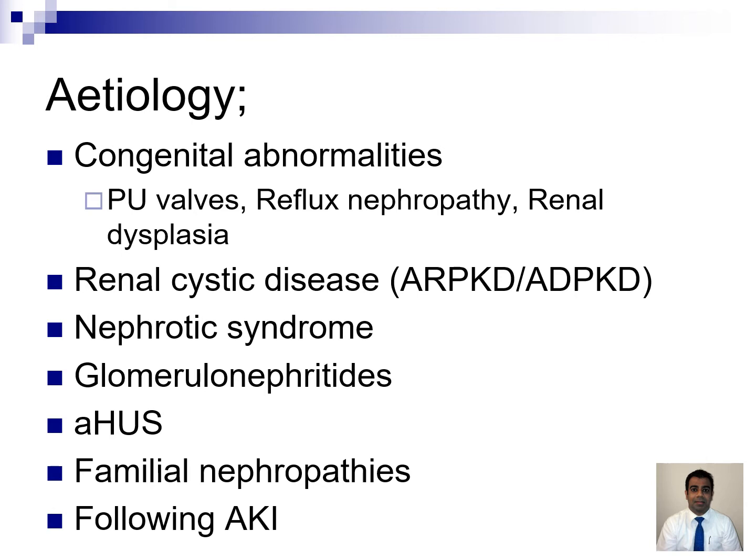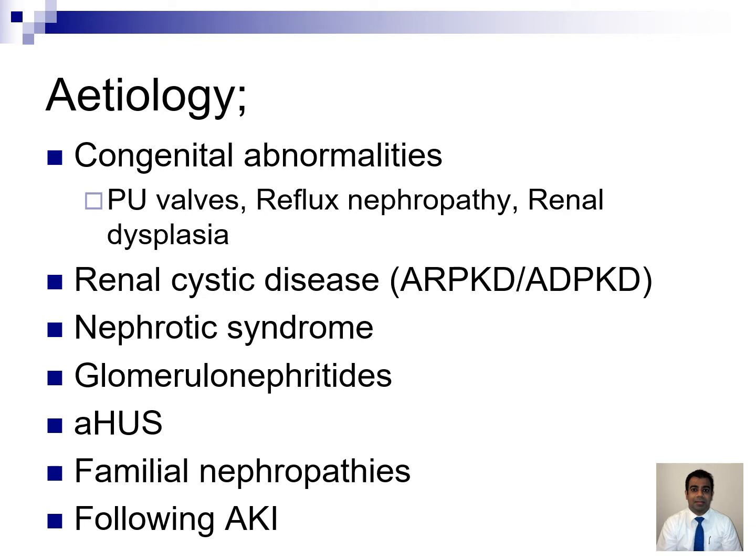Familial nephropathies in the form of Alport syndrome, again another important entity in childhood. And any patient that has acute kidney injury and this persists, acute kidney injury also can lead to chronic renal failure. A good example is snake bite.